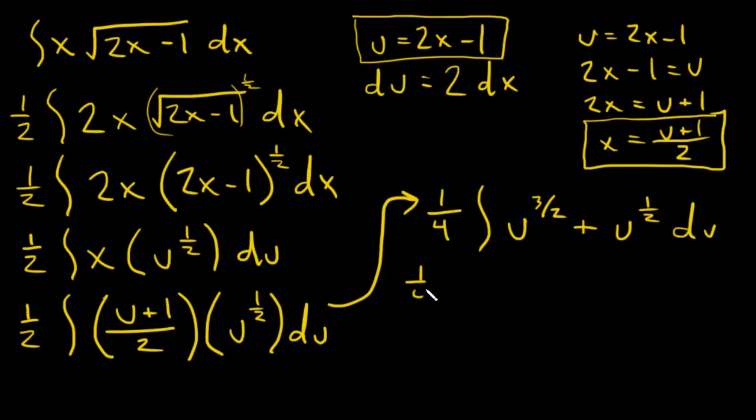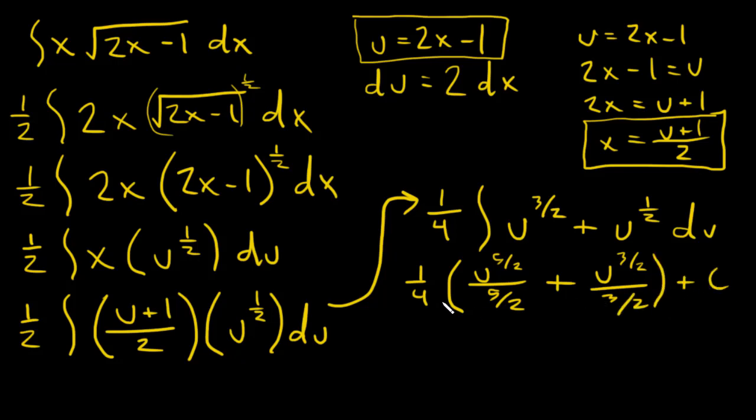This becomes 1/4 of u to the 5/2 divided by 5/2 plus u to the 3/2 divided by 3/2 plus c. So if I flip and multiply each one of these, I'm going to wind up with 1/10, is that right?